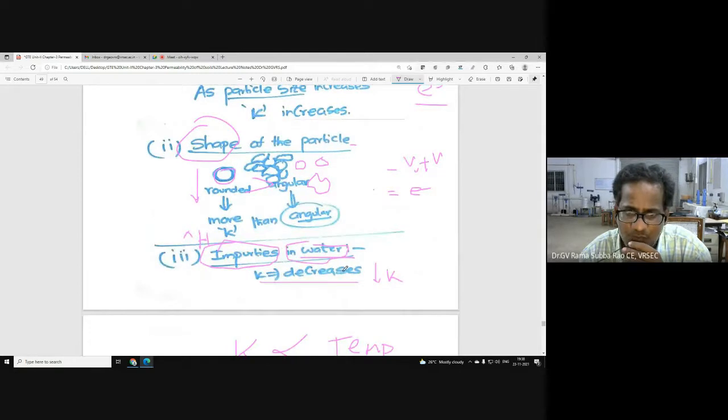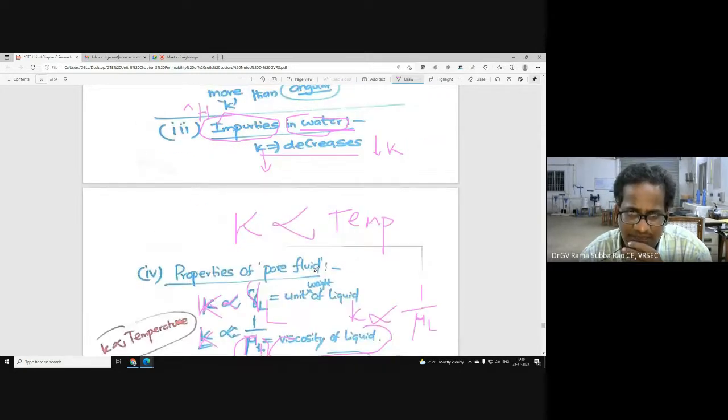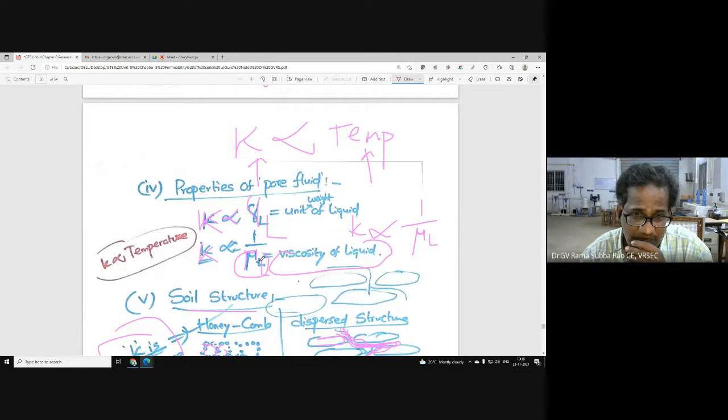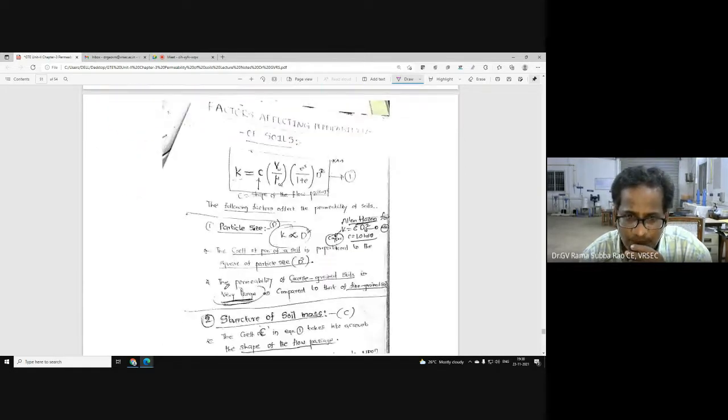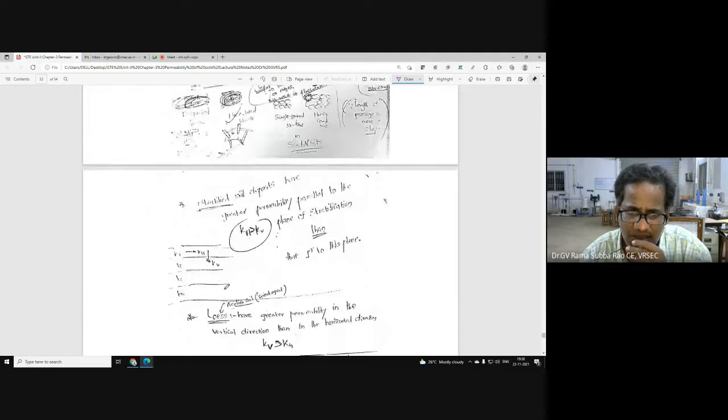If impurities are in water, permeability will be reduced. As the temperature increases, permeability increases, because viscosity is reduced; viscosity is inversely proportional to K, and unit weight of the liquid is directly proportional to K. Here K is the coefficient of permeability. Permeability gets reduced in case of dispersed structure, whereas in honeycomb structure, permeability is more. These are the main factors that influence it.